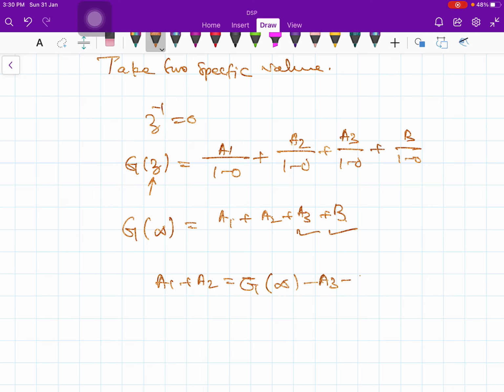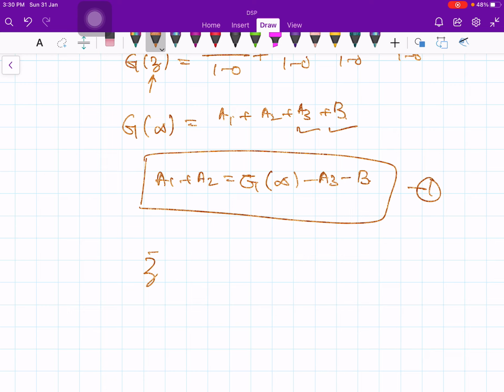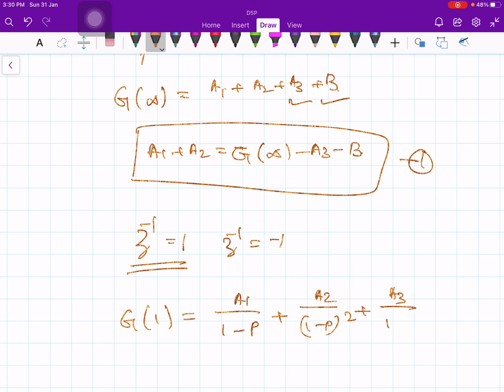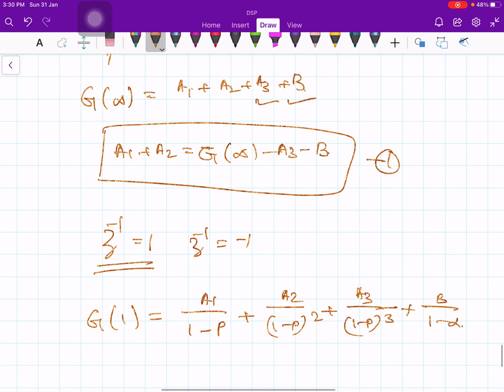Okay, the other equation, how will you get? You substitute z inverse equal to any other value that you like. Put z inverse equal to 1 or z inverse equal to minus 1. In case you put z inverse equal to 1, then what will you get? G of 1 is equal to a1 divided by 1 minus p plus a2 divided by 1 minus p the whole squared plus a3 divided by 1 minus p the whole cube plus b divided by 1 minus alpha.